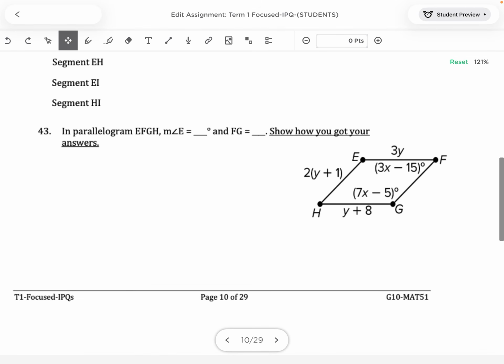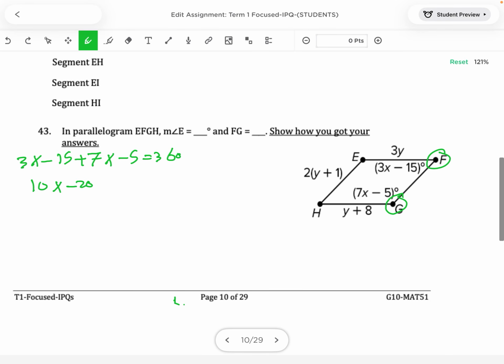Let us find x and y. We know that angle F and angle G are consecutive, so their sum is 360. So 3x minus 15 plus 7x minus 5 equal 360. 10x minus 20 equal 360. 10x equal 380.